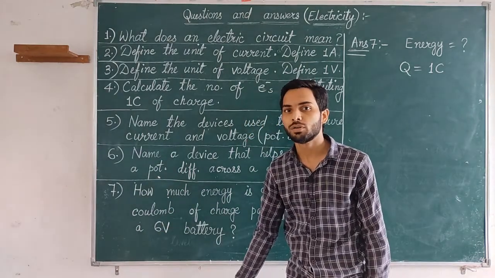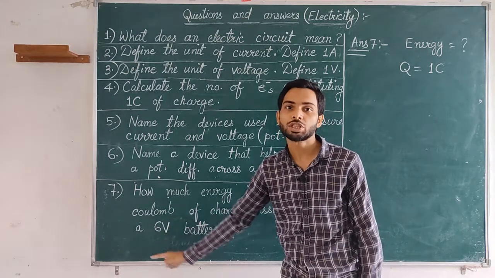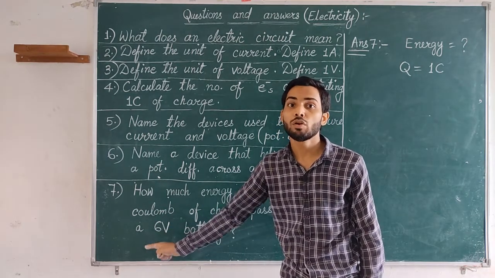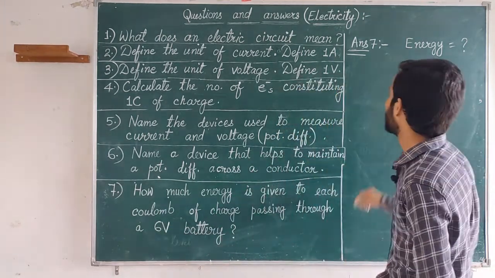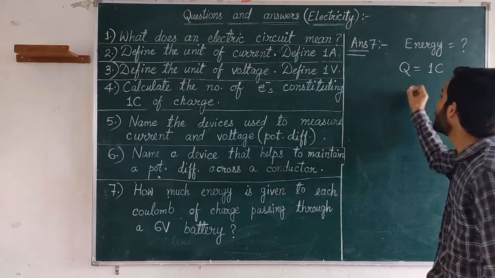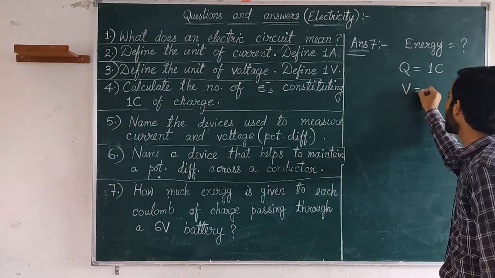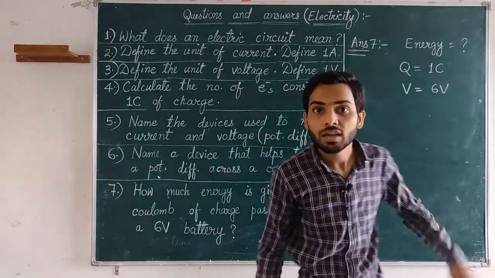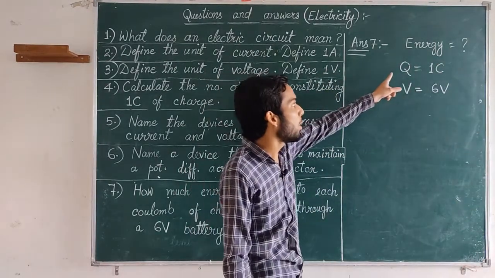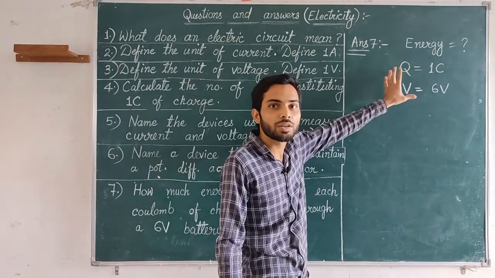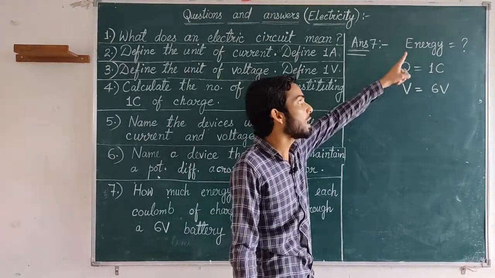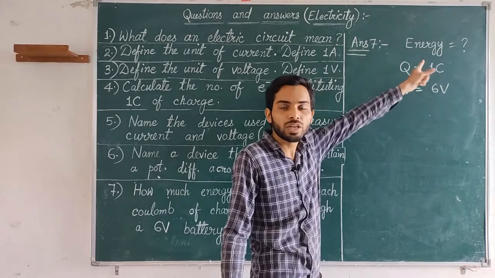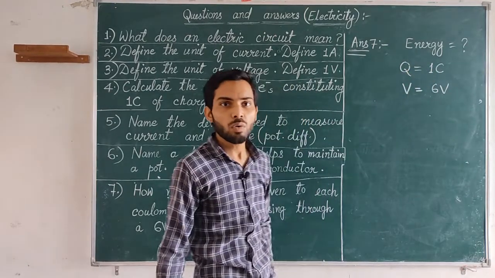This is nothing but the potential difference. The value of charge and the value of voltage is given in the question. V is equal to 6 volt, and we are going to calculate energy. With the help of these two given quantities, we are going to calculate the required quantity, energy.